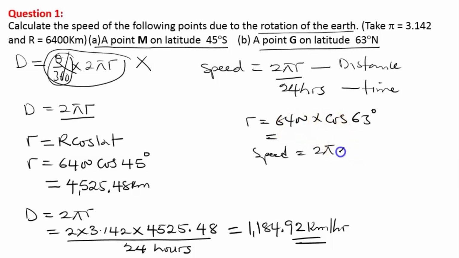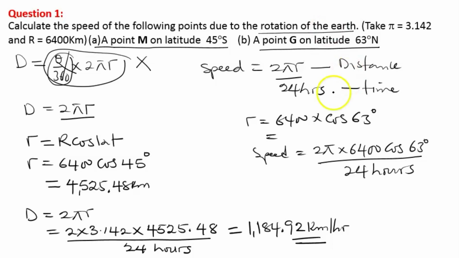Our r now is 6400 cos 63 degrees, divided by the time, which is 24 hours. They will not always say 24 hours, they will just say rotation of the earth. Whenever you hear rotation of the earth and you're asked to calculate speed, the time is usually 24 hours.